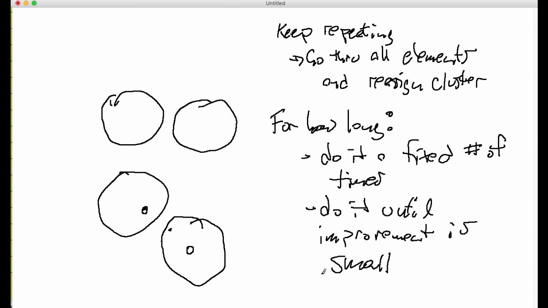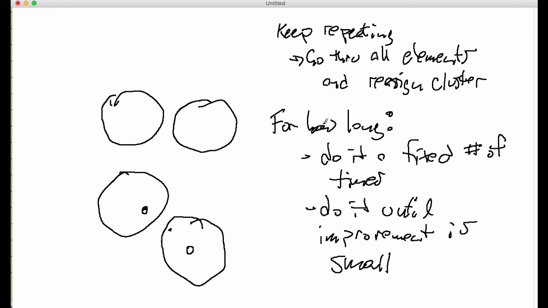In other words, you say, I've gone through all the elements and the change in minimizing that error was less than 0.5, or less than 5, or some number that you determine. You say at that point, stop. We'll never know exactly if we've gotten to the minimal one, but you can do either one of these things and get some useful results.